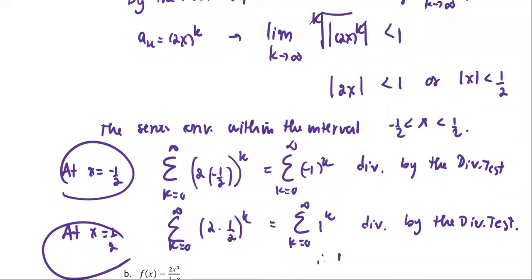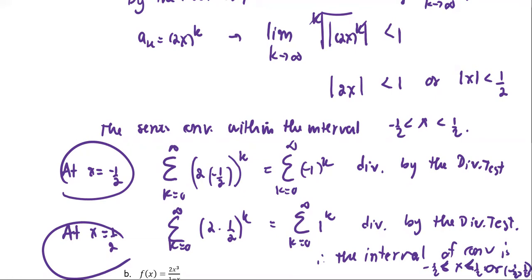So we can say the interval of convergence is negative 1 half less than x less than 1 half, or negative 1 half open, one half open.